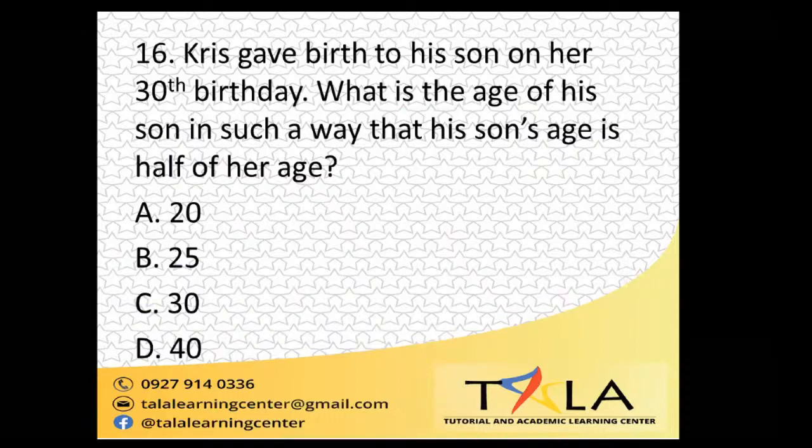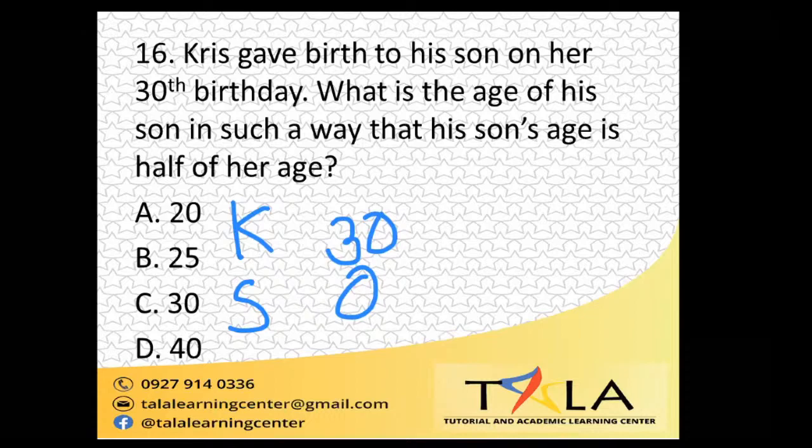Okay. So, tignan natin dito. Sa example na to, Chris gave birth to his son on his 30th birthday. So, si Chris, syempre, nung nanganak siya, 30. Tapos yung son niya, nung nanganak, or lumabas sa mundo, syempre 0. Wala pang age. What is the age of his son in such a way that his son's age is half of her age?